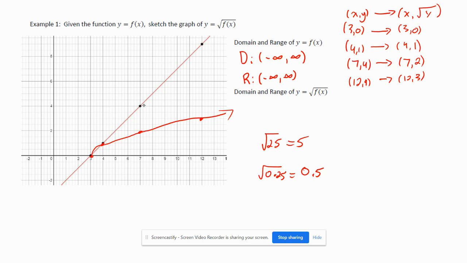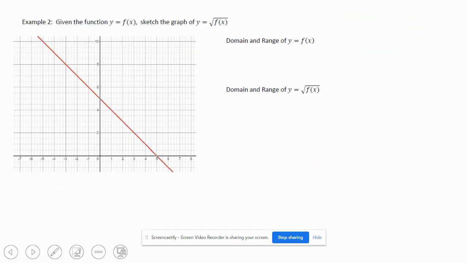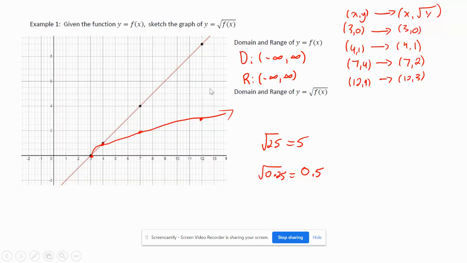What's my domain and range? My domain is from 3 to infinity. My range is from 0 to infinity. Why is it from 0 to infinity? If I look at this point here, I have (2, -1).